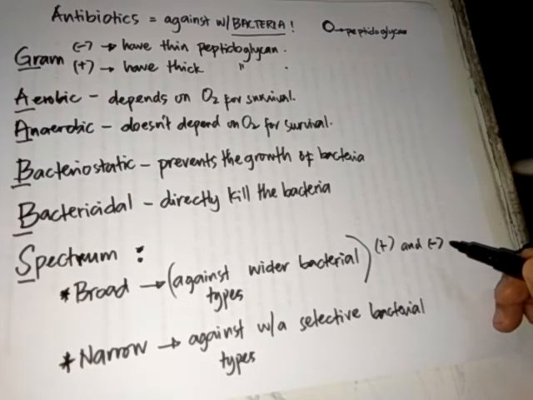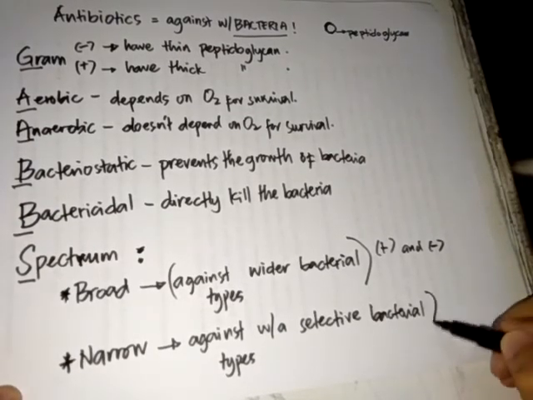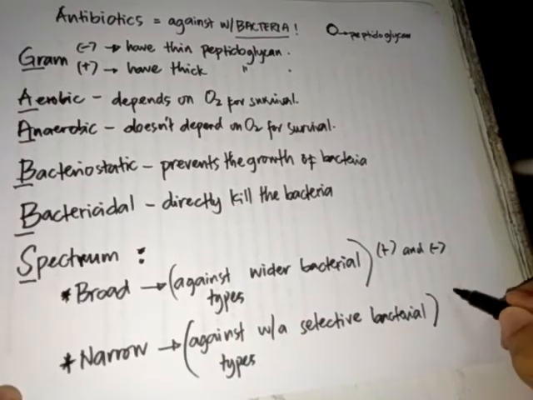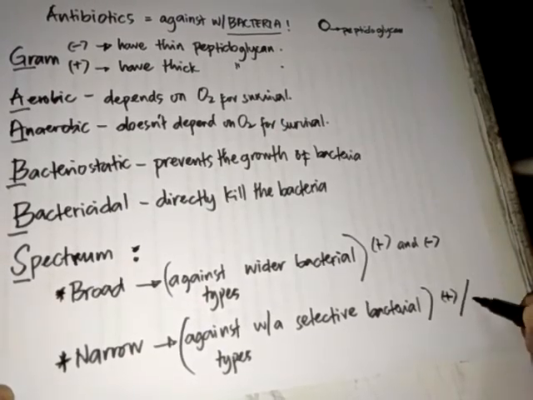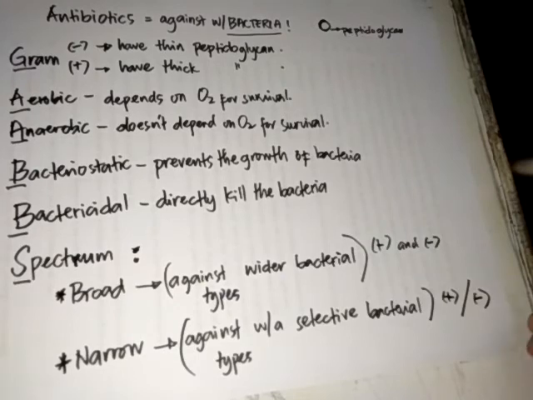Broad kasi kaya na wider eh, no? Kaya na dalawahan, dual ang kanyang effect. Yung narrow naman, specific yung narrow. Pwede siyang pumatay lang ng gram positive or a gram negative type of bacteria.